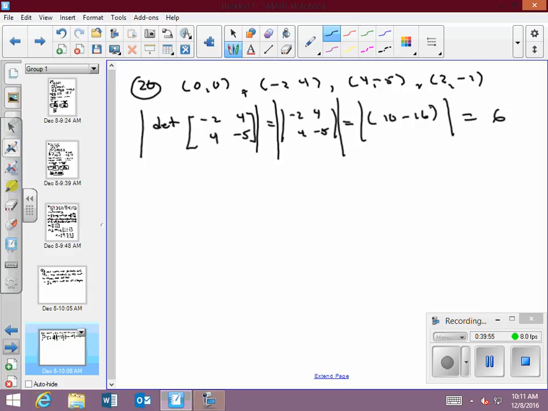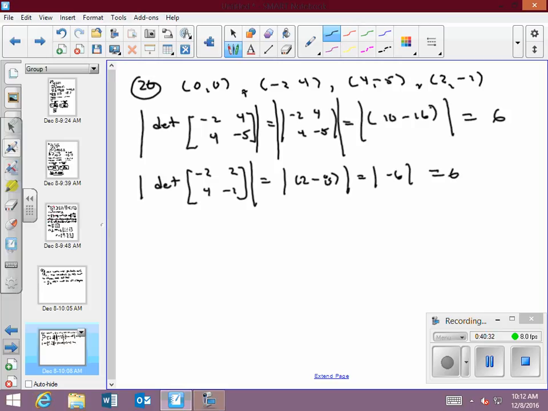Now, this is the interesting thing: as long as one of those is 0, 0, if you take any pair of those vectors, like minus 2, 4, and 2, minus 1, that's the absolute value of 2 minus 8, which is the absolute value of minus 6, which is 6.